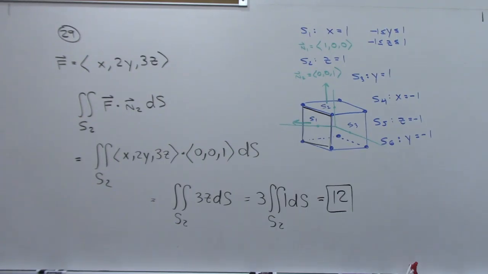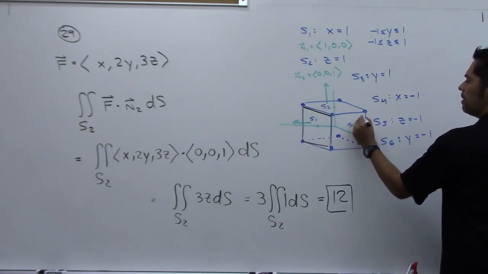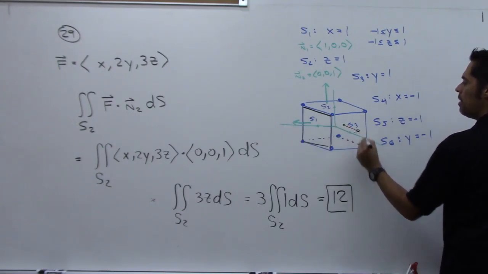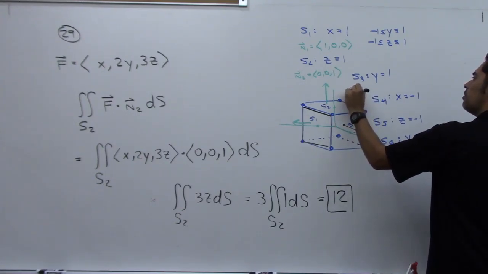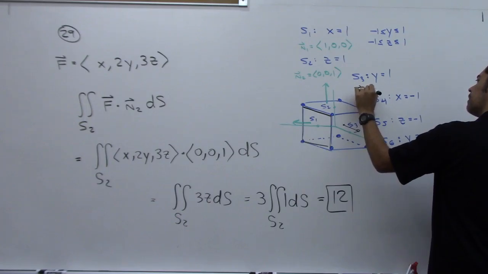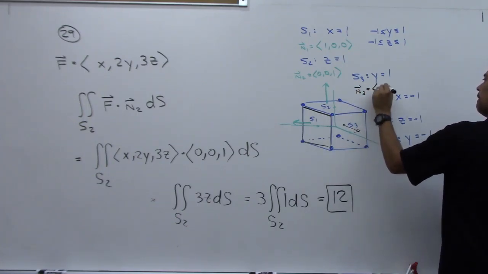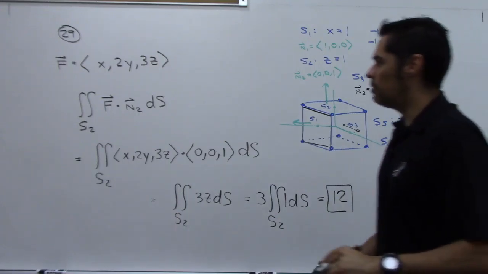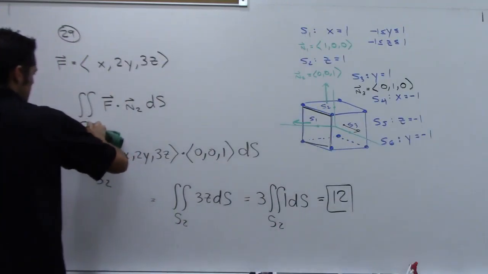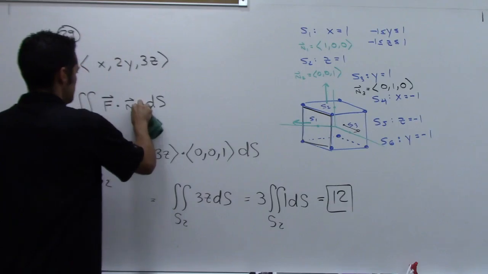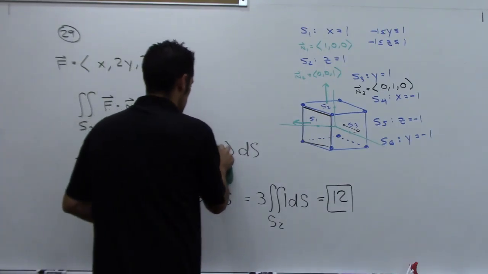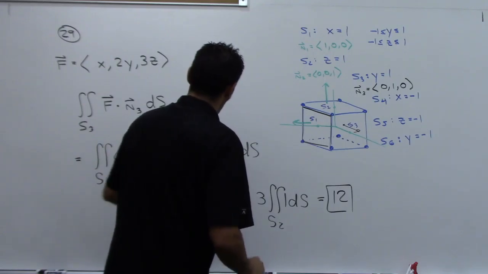All right, let's do S3. Maybe I'll move a little quicker. S3 is coming out towards us this way. It's kind of hard to see it, but it's coming out this way. So for S3, the normal vector is going to be (0, 1, 0). This is N3.